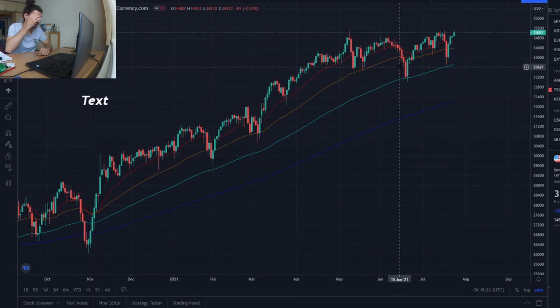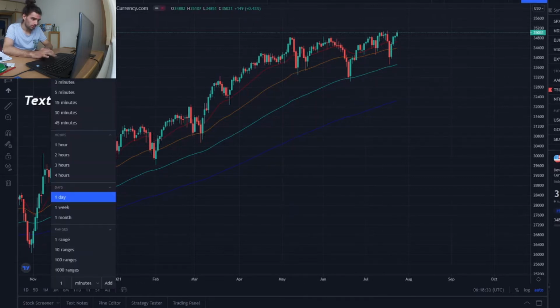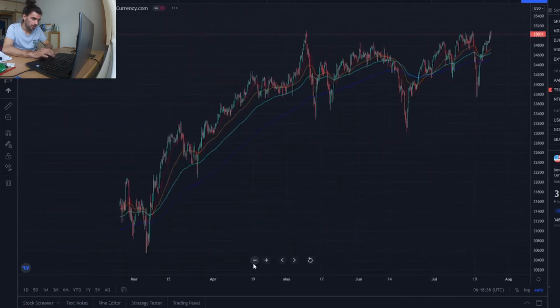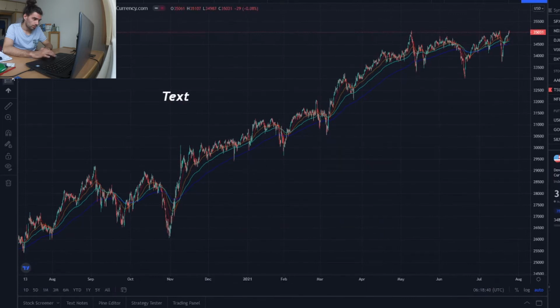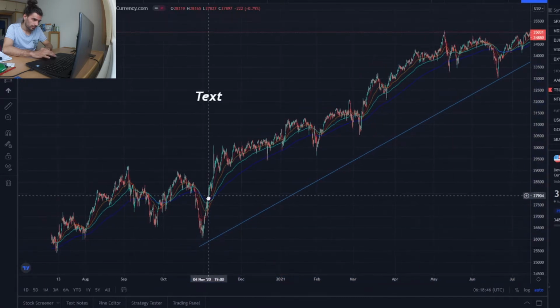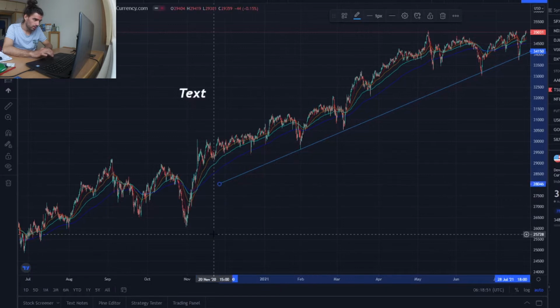All those kinds of dips, the bigger ones, occur maybe once per month. If you go down to a smaller time frame, you can see we always form a nice uptrend, and we see some dips.